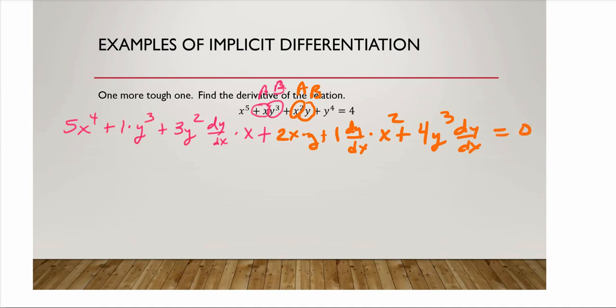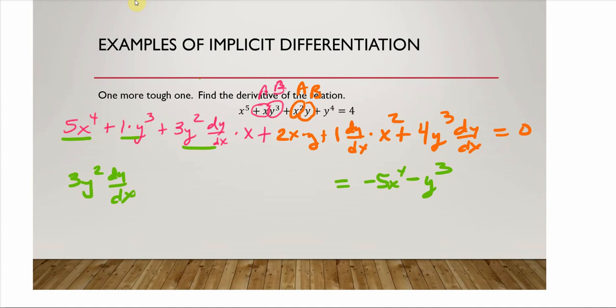Alrighty, so now if it has dy/dx's, I'm leaving it on the left. If it doesn't have dy/dx's, I'm moving it to the right. So that guy right there, Mr. Quintana, does not have a dy/dx, so I'm moving it over, 5x to the 4th. This one does not have a dy/dx, so I'm moving it over, minus y cubed. This one does have a dy/dx, so I'm going to have 3y squared dy/dx.